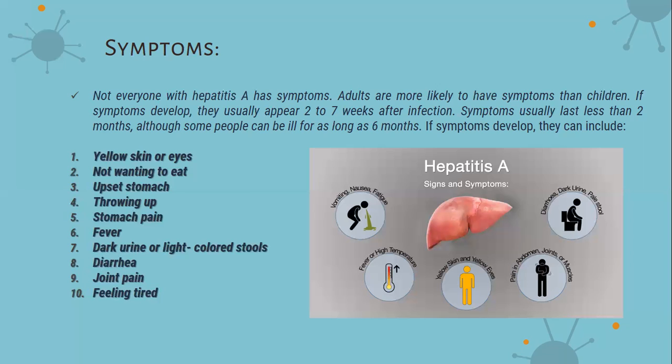Number 4 is throwing up or vomiting. Yan. And number 5 is stomach pain. Number 6, the fever or you have a high temperature. Number 7, you can have dark urine or light colored stools. Number 8 is diarrhea. Number 9 is joint pain. And number 10 is feeling tired. If you have all these symptoms, it's better na mag-consult ka na sa doctor mo para hindi na mas maglalayo yung sakit. Next, please.